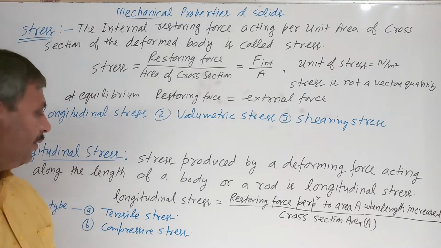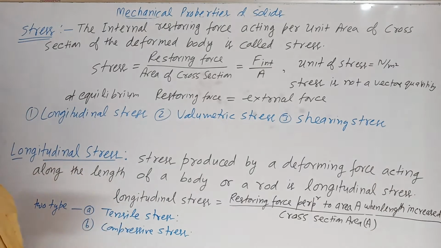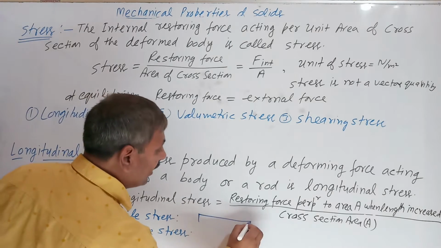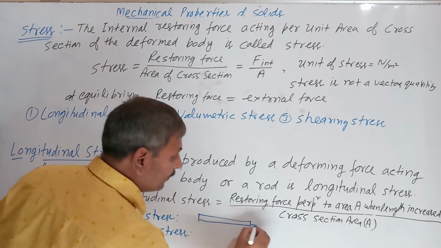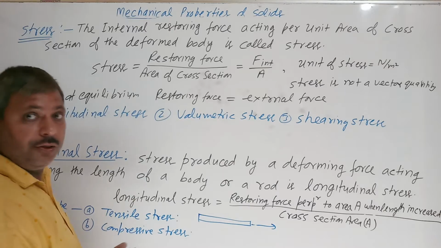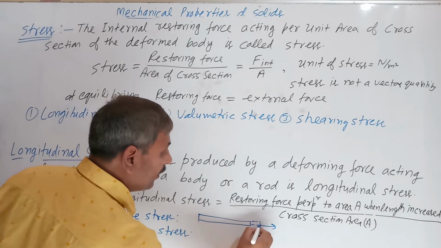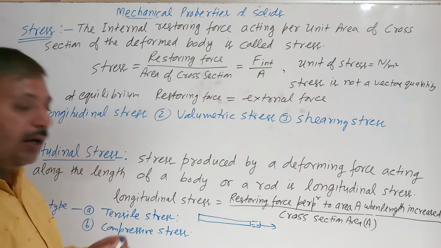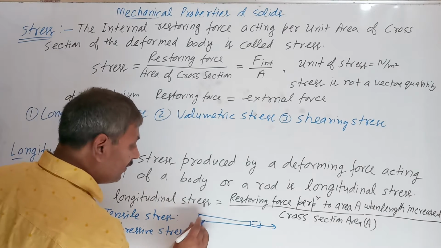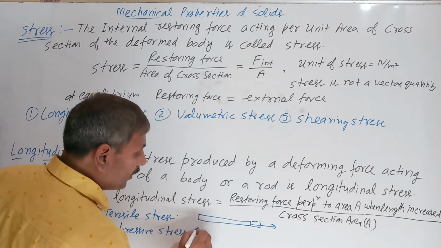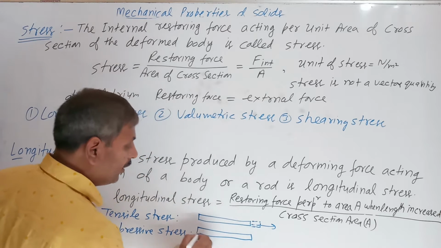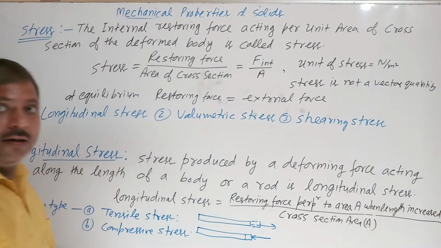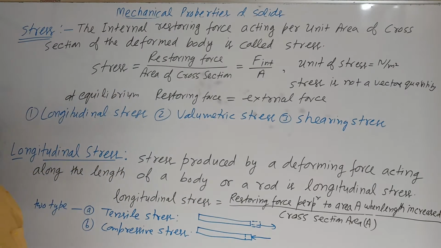It can also be divided into two parts: tensile stress and compressive stress. When the length increases due to force, that is tensile stress. When you apply a force on the rod and the length decreases, that is called compressive stress.